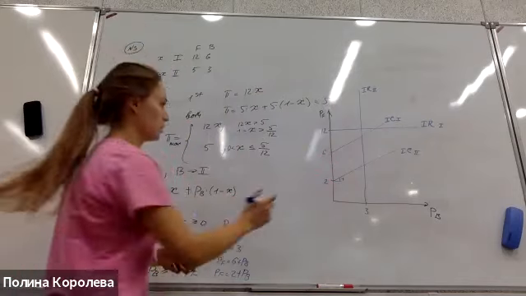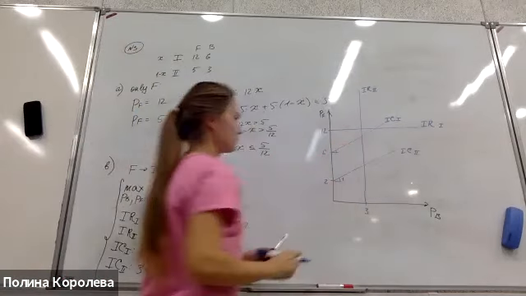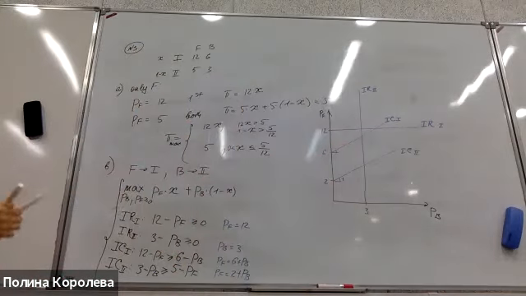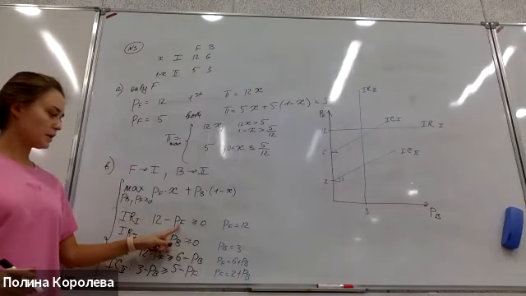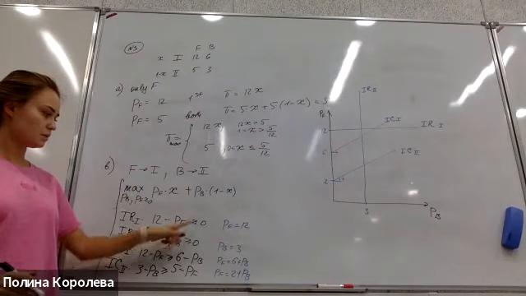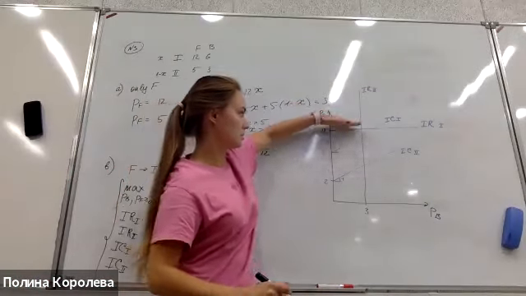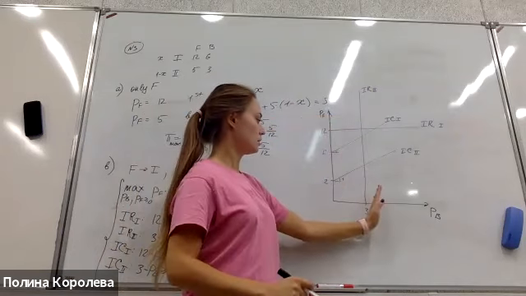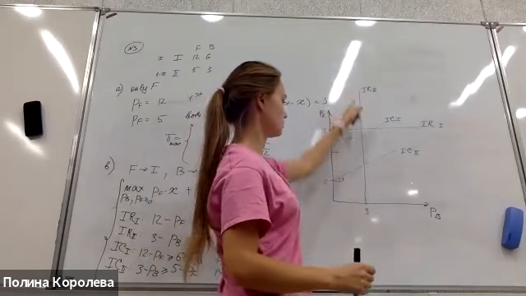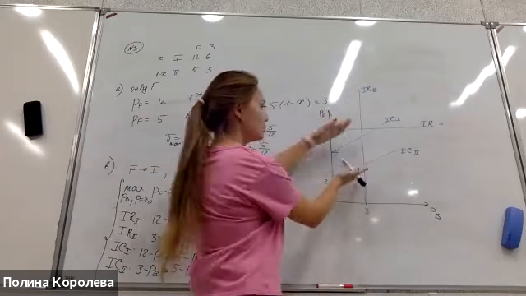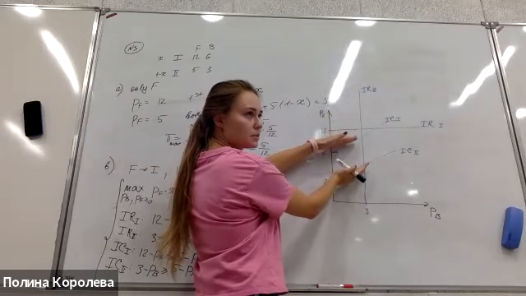Which area will we consider? So let's see. Price of fancy should be less than 12, so under the horizontal line, to the left from the vertical line, and between these two incentive compatibility lines.